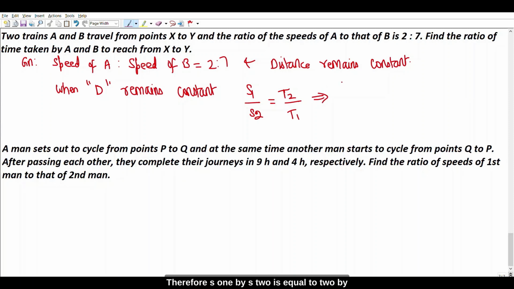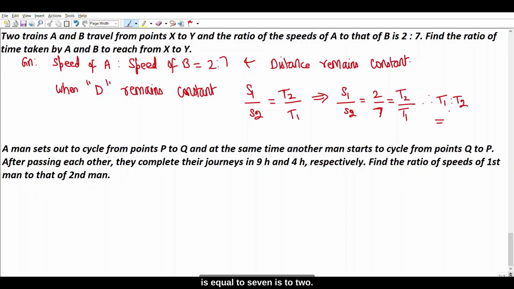Therefore, S1 by S2 is equal to 2 by 7, which is equal to T2 by T1. Therefore, T1 is to T2 is equal to 7 is to 2.